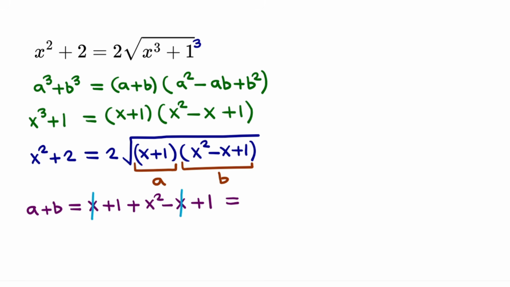So a plus b equals x squared plus 2. But that's exactly the expression on the left side of our original equation. So our complicated equation now becomes a plus b equals 2 times the square root of a times b.